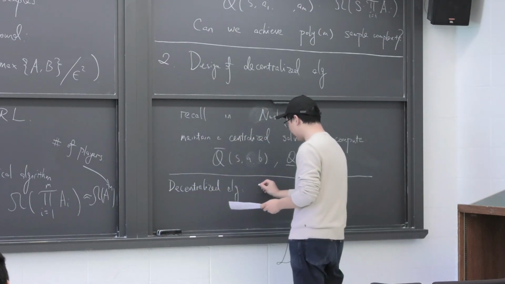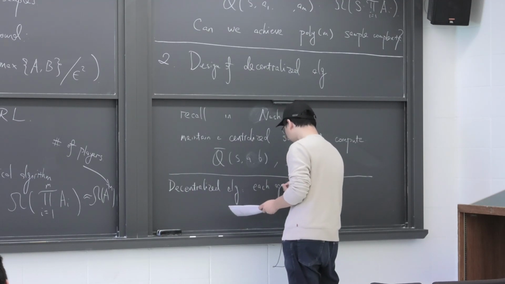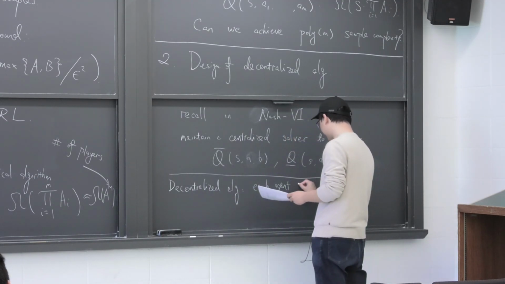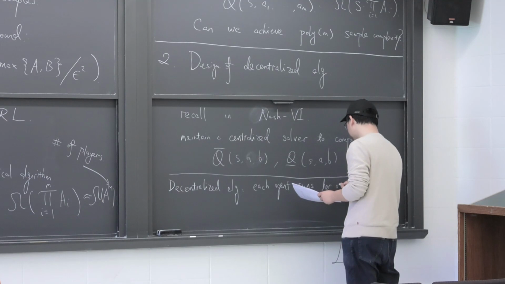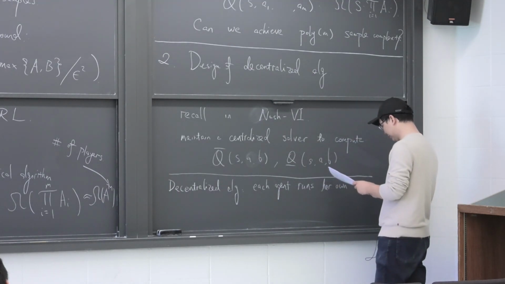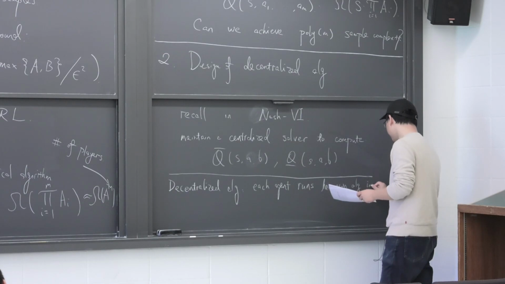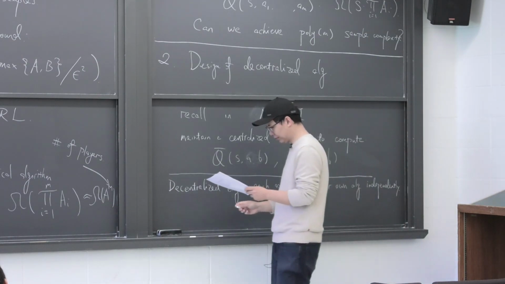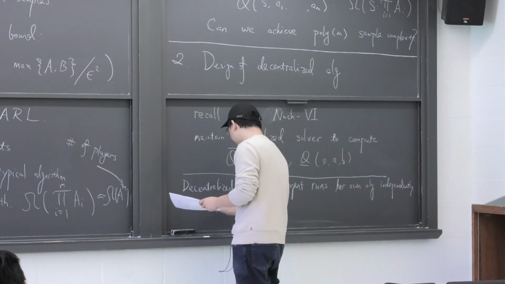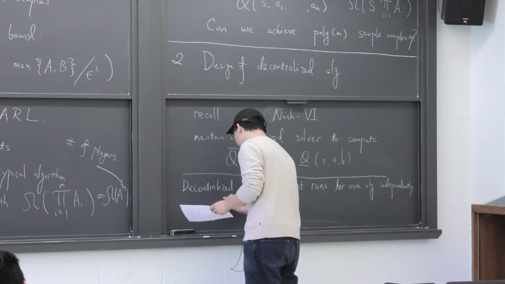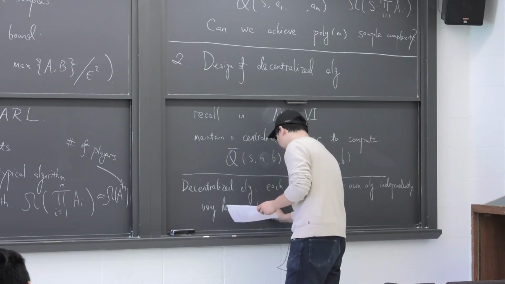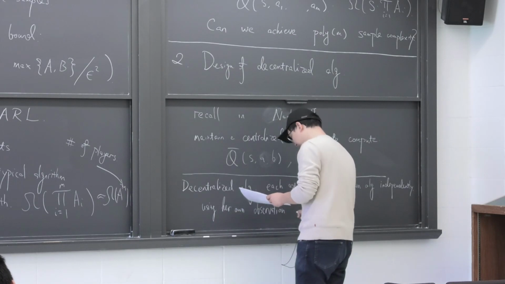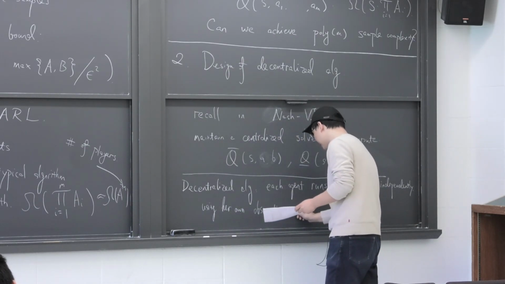Ideally, a decentralized algorithm means each agent will just run her own algorithm independently, using her own observation, as if in a single agent setting.